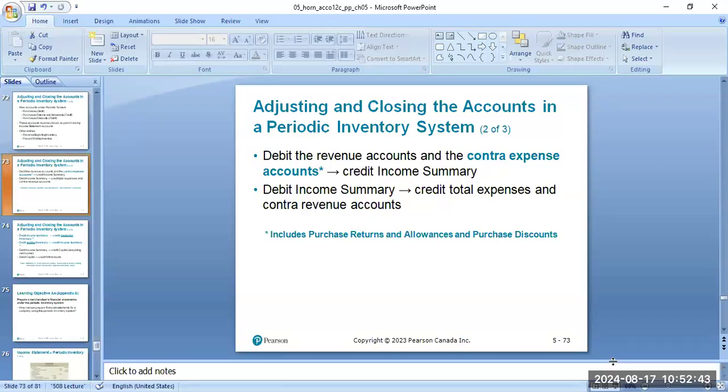So we're going to start with debiting the revenue accounts and all the contra expense accounts by creating the income summary. Then we're going to debit the income summary and credit all the expenses and contra revenue accounts.